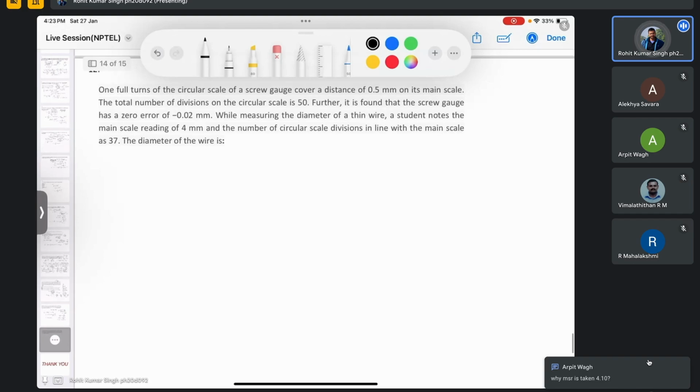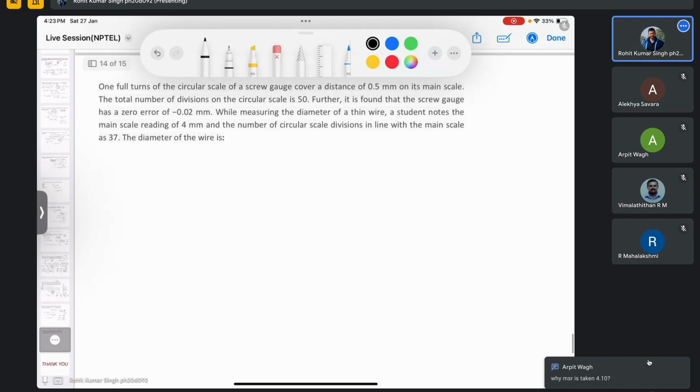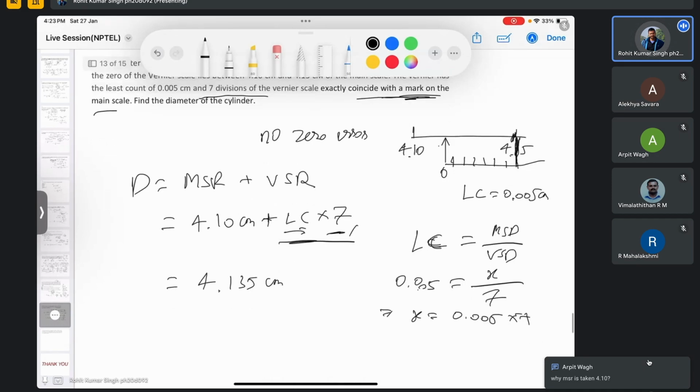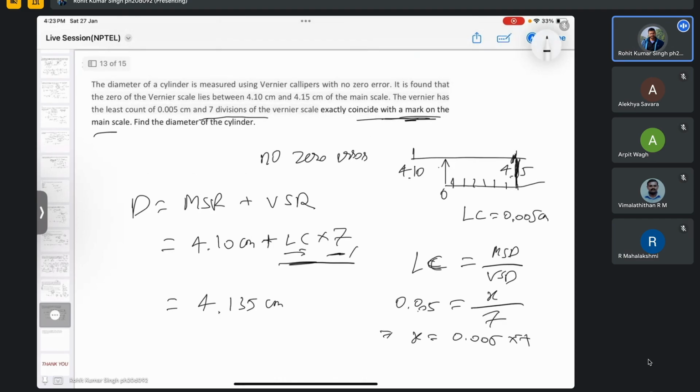So this is the last problem. Why is the main scale reading taken as 4.10? It is given here, right? That the vernier scale lies between 4.10 and 4.15. So from the main scale we have measured up to 4.10.